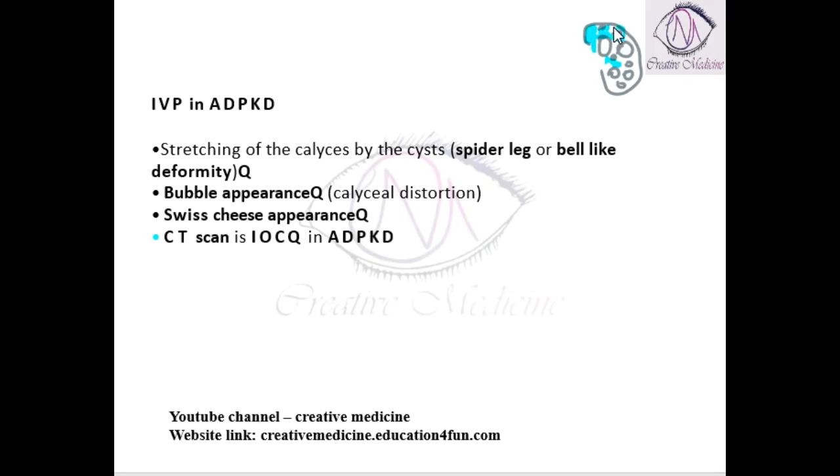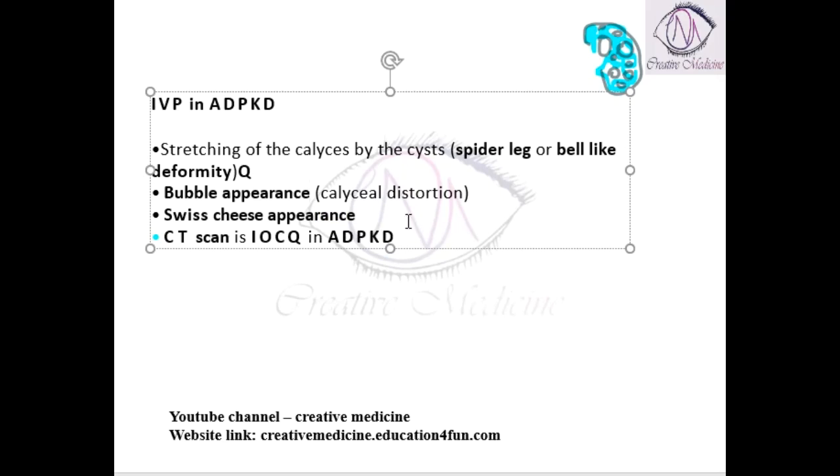So it will go to all the areas around the cysts but does not reach the cysts. Because of this, the cysts are seen as holes in the cheese, and this gives the appearance of Swiss cheese or a bubble like appearance.